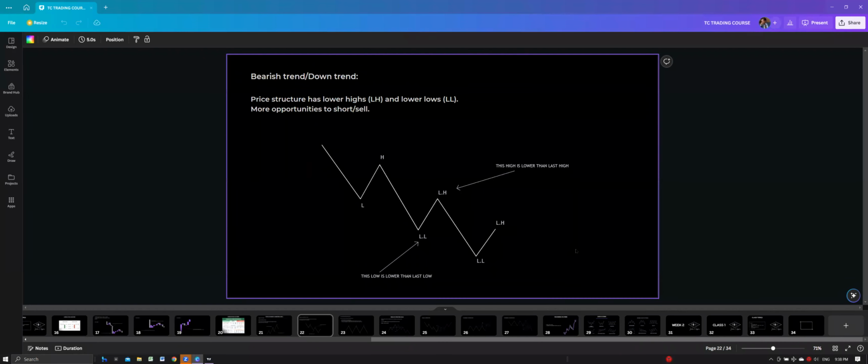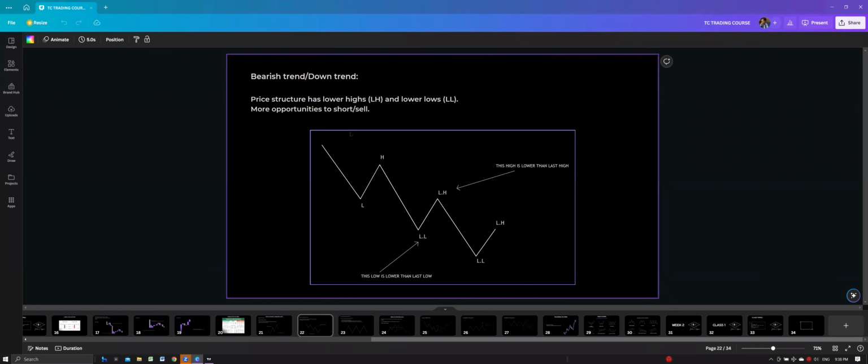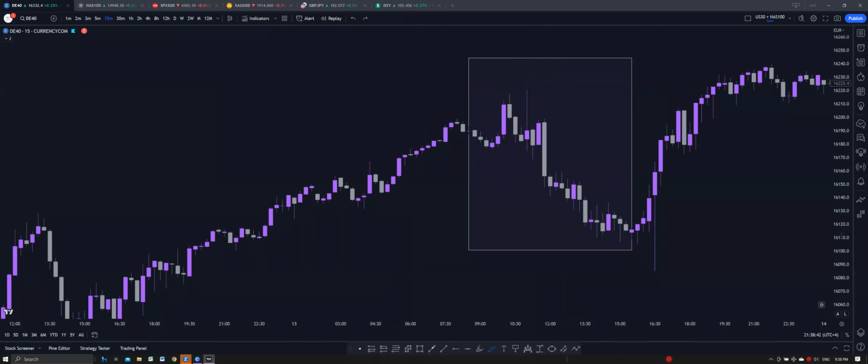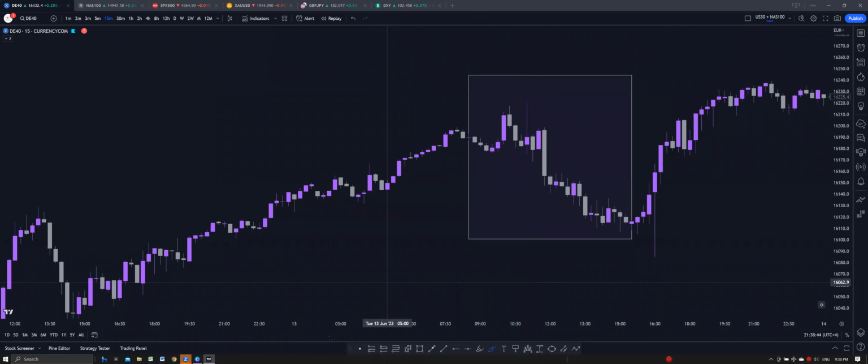Yep. So that's a bearish trend. Very simple. It's extremely simple. You have to recognize the highs and the lows and see the waves the price is creating. Let me actually show you just one more example before we move to consolidation.